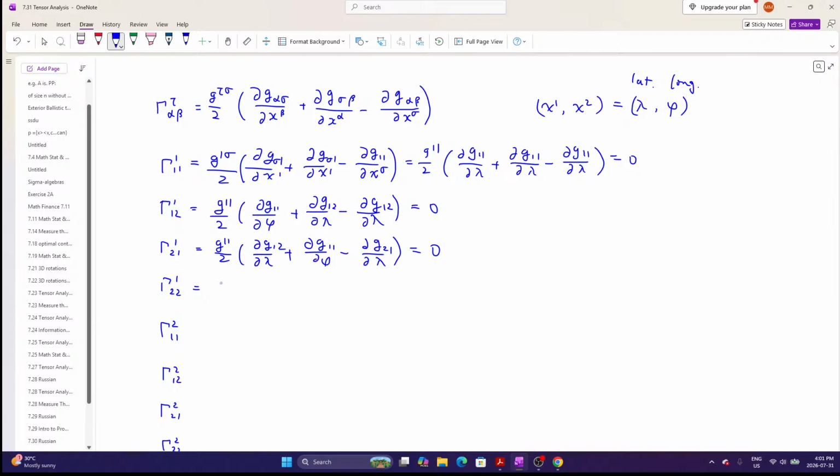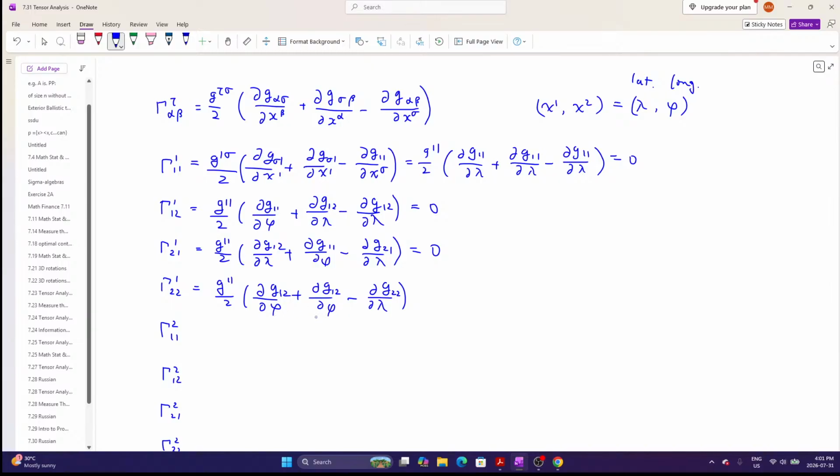Next, gamma 1, 2, 2. So g11 over 2 times dg something plus dg something minus dg something. Here the last g is g22 over dx1, so it's over d lambda. It should be dg12 over dx2, which is d phi.